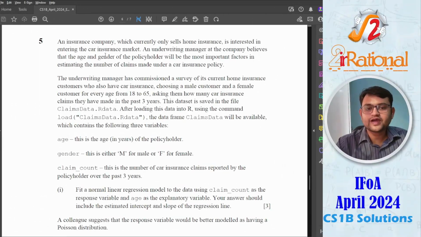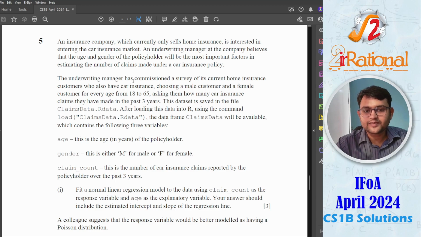Question number 5. An insurance company which currently only sells home insurance is interested in entering the car insurance market. An underwriting manager at the company believes that the age and the gender of the policyholder will be the most important factor in estimating the number of claims made under a car insurance policy.